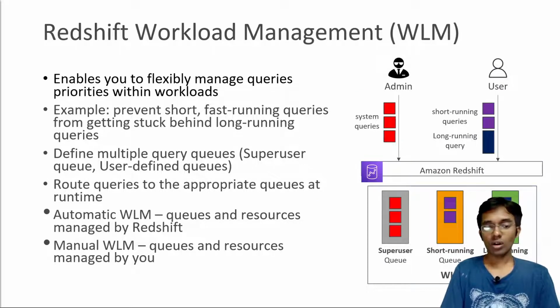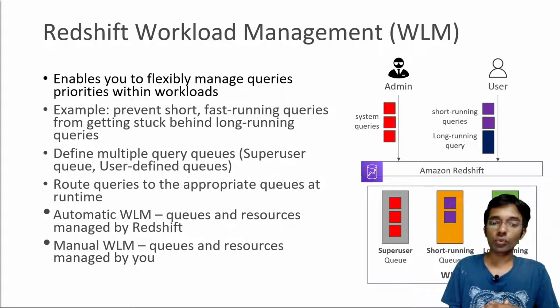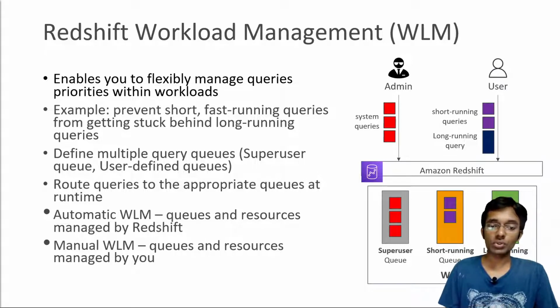So you also have a feature called Redshift Workload Management, WLM. It enables you to flexibly manage query priorities within workloads, and the use case for this is to prevent short, fast-running queries from getting stuck behind long-running queries. You can define multiple query queues, for example, a super user queue, a user-defined queue, and so on.